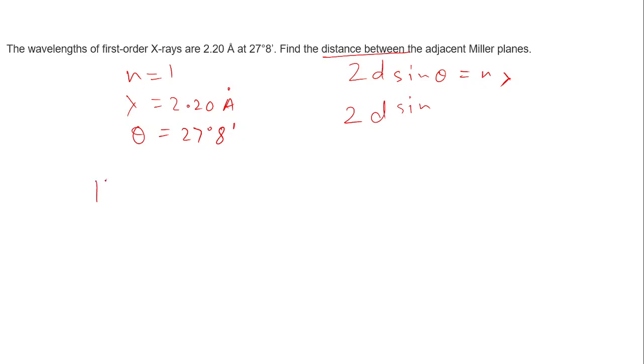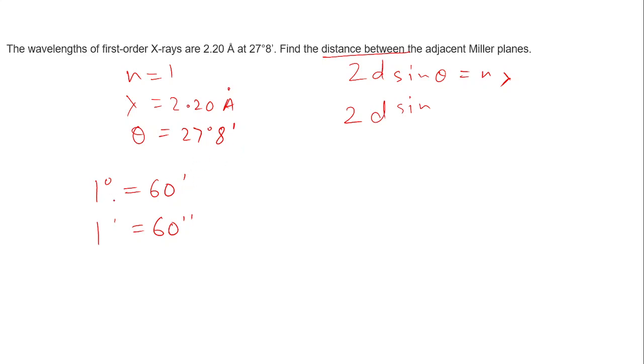Actually 1 degree has 60 minute and 1 minute has 60 second. So this is how 1 degree is divided. This minute is not time, it's that 1 degree is further divided into 60 units that we call minute.